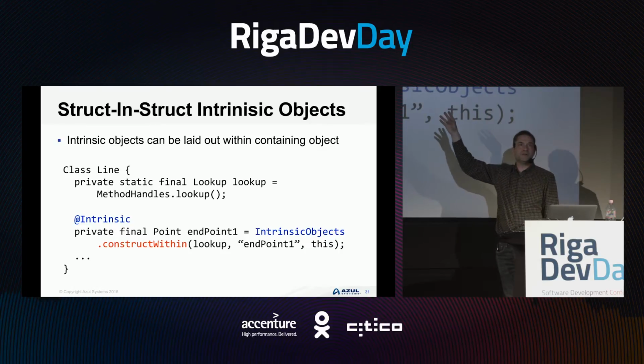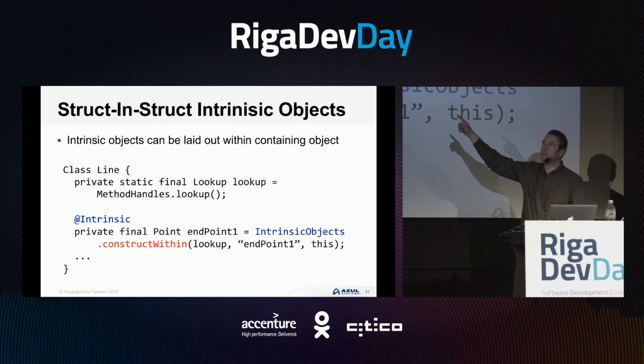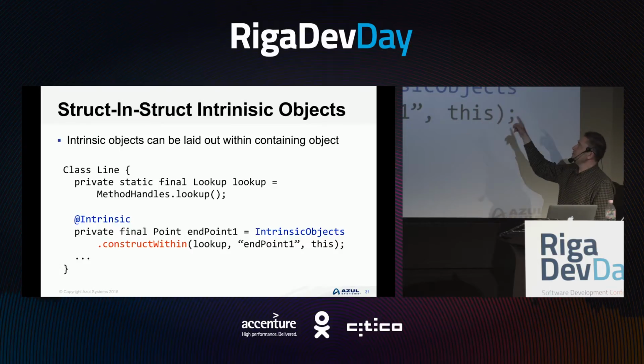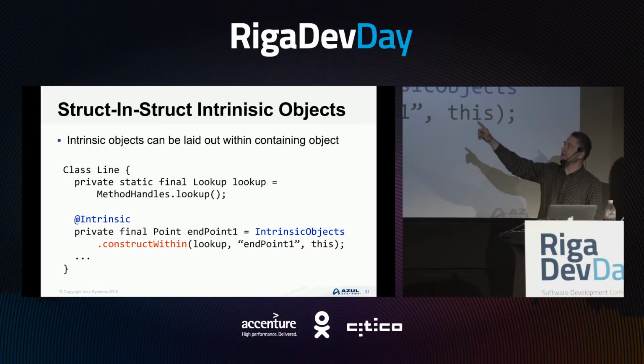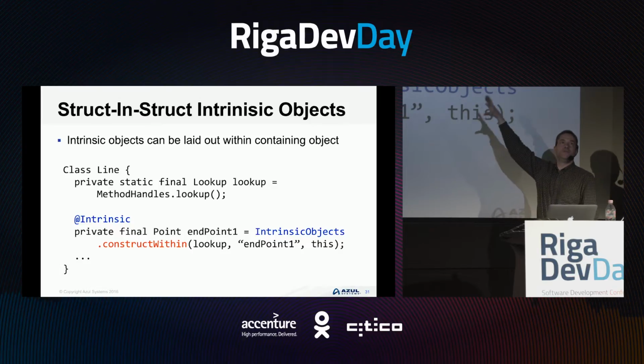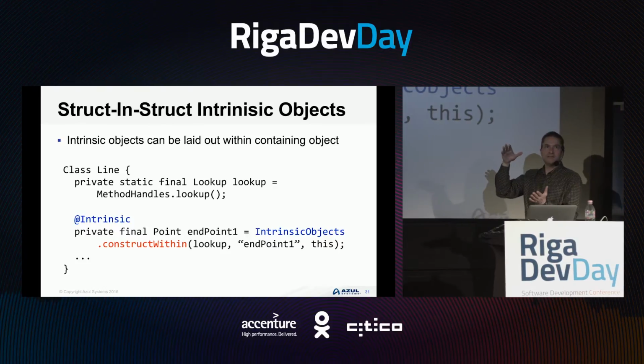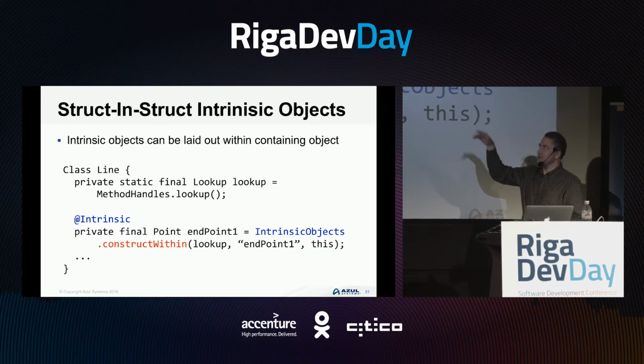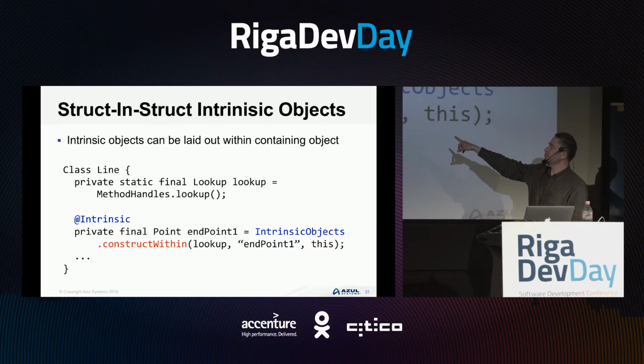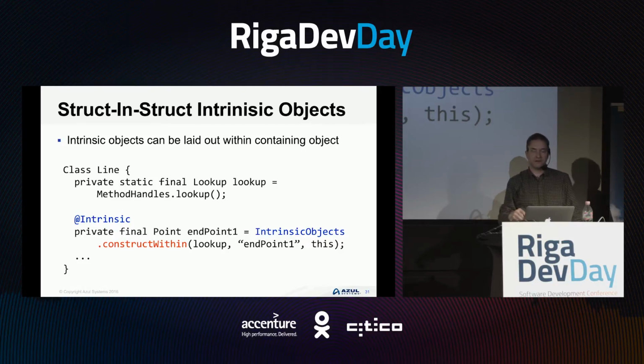This is why we need Java SE 7, because we need a reference to a method handle, so that we can then use the method handle to say, okay, create this as an intrinsic object and construct it within this object. That's really just telling the compiler and the JVM underneath that this object is going to be part of the surrounding object. So we say, okay, construct it within, using the lookup that we've got for the method handle. We're going to create endpoint 1, and we're going to reference back to this, which is the surrounding class.